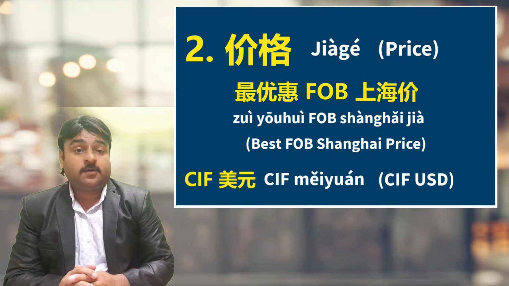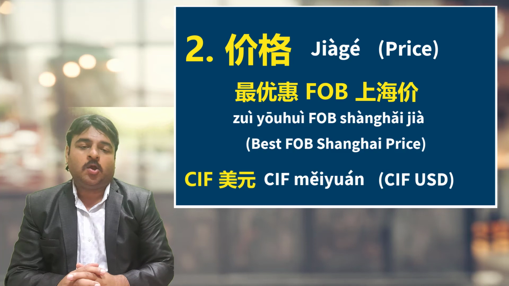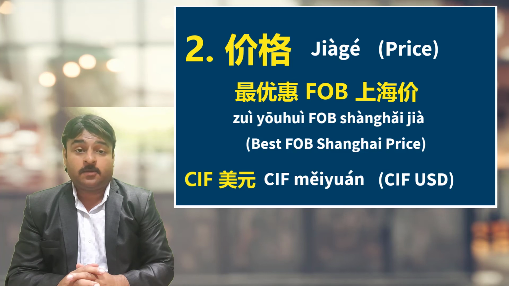So if you are asking for an FOB price, you could write: most preferential. Best is 最, 优惠 is preferable or preferential. FOB, free on board, Shanghai pricing, the FOB price from Shanghai.